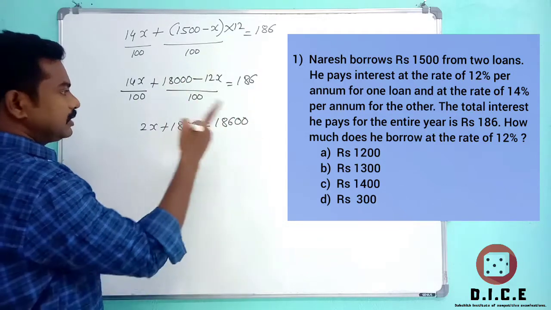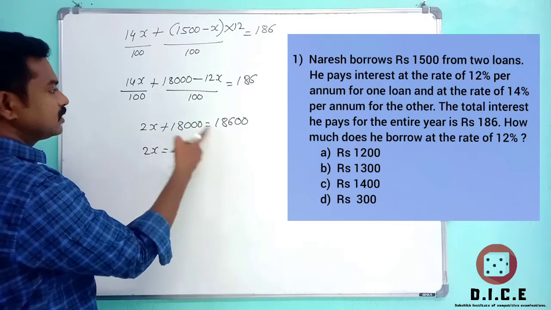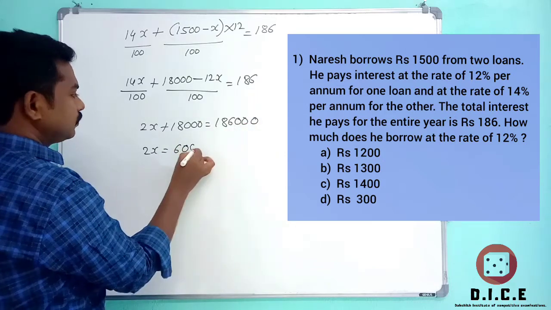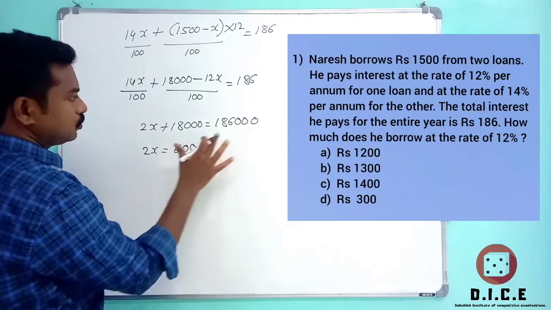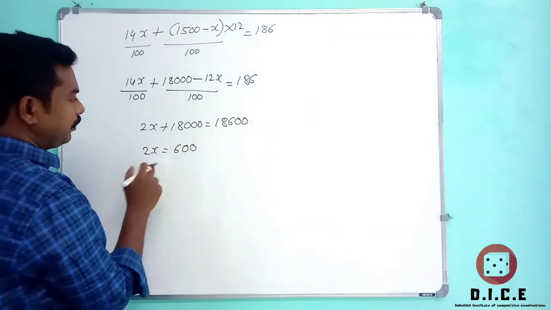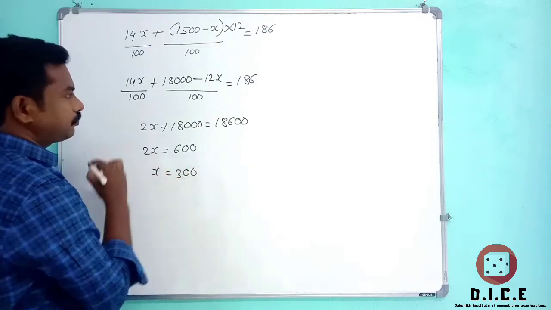So 100 goes to the right hand side, that is 18600. That is nothing but 18600 minus 18000, that will be definitely 600 here. 2x is equal to 600, x is equal to 300.